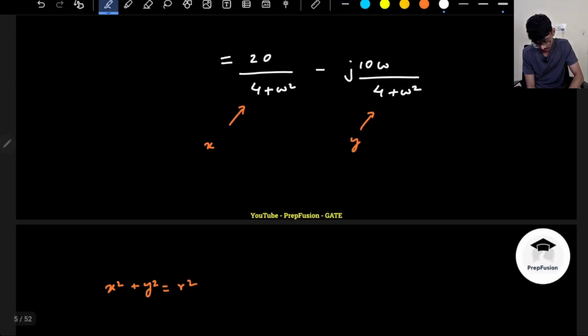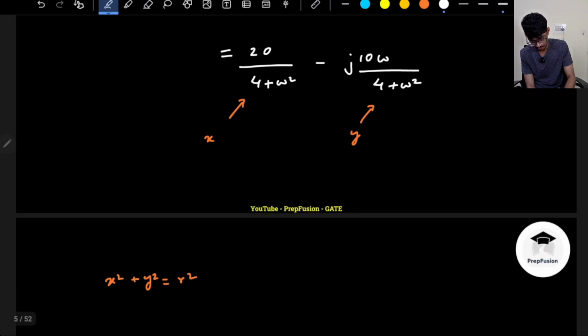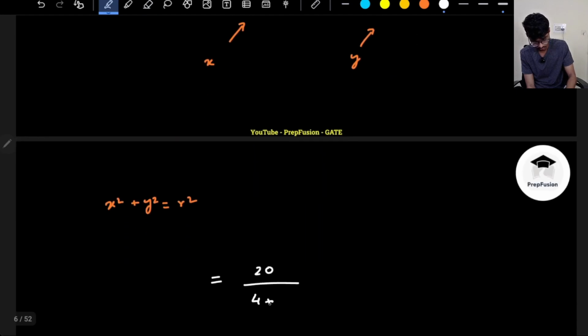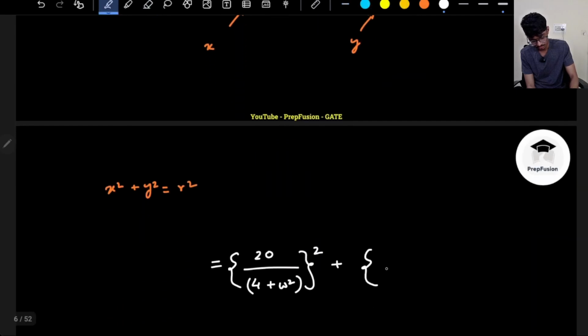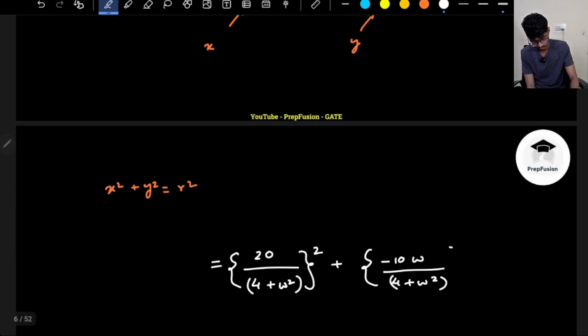So x square is 20 divided by 4 plus omega square, whole square, and what is my y square? Y square is minus 10 omega divided by 4 plus omega square, whole square.